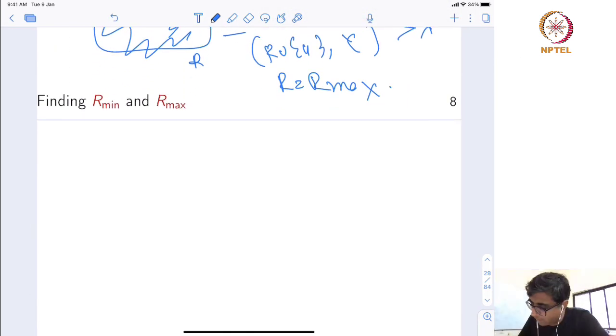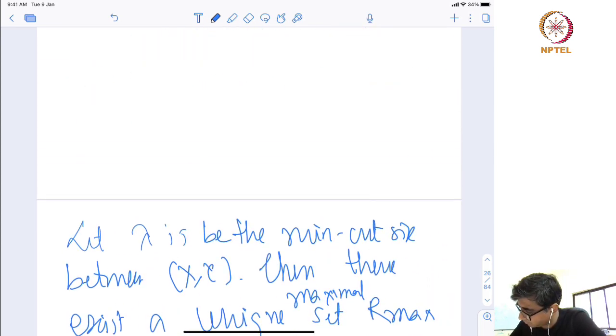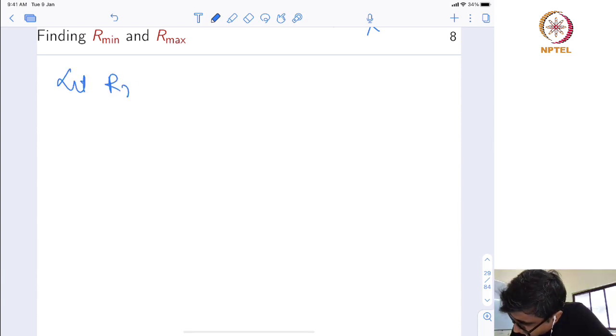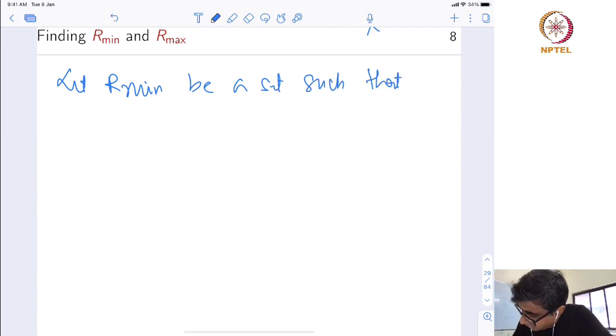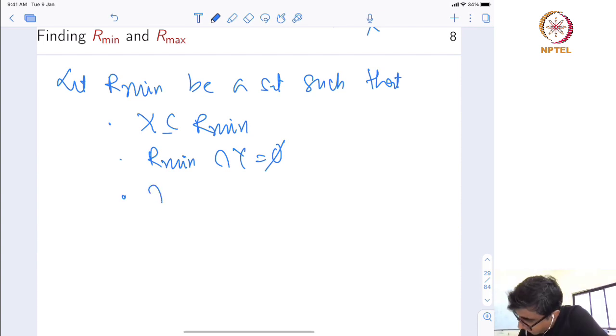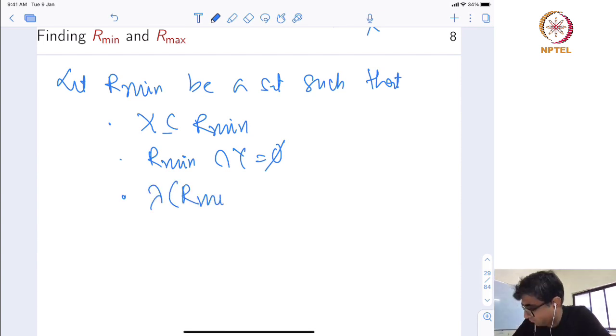One way of defining R min, like we defined R max: let R min be a set such that first X is contained inside R min, R min intersection Y is empty, and lambda of R min, the cut size delta of R min, is equal to lambda.